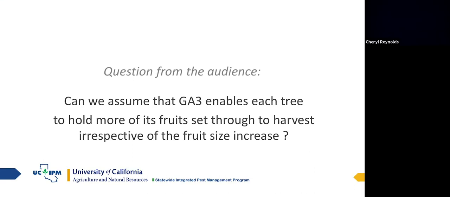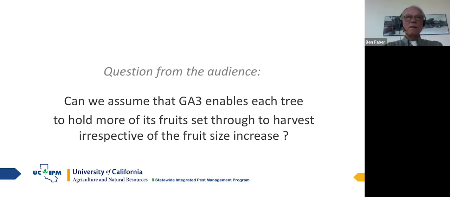There's another one. Can we assume that GA3 enables each tree to hold more of its fruit set through to harvest, irrespective of the fruit size increase? That's why it's used in lemons.